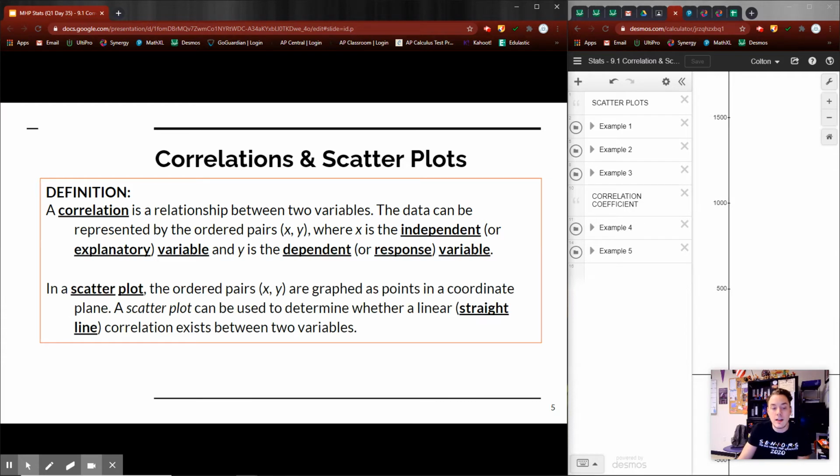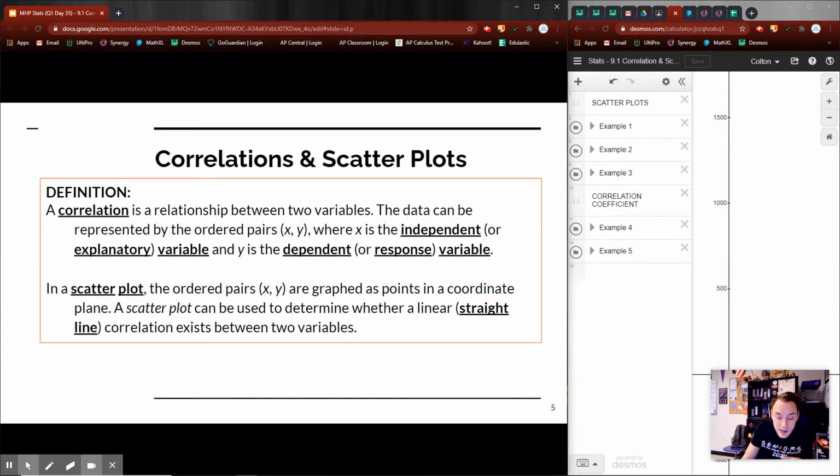Next, scatter plot. In a scatter plot, the ordered pairs x and y are graphed as points in a coordinate plane. Of course. Okay, I'm going to show you that just a little bit today, not a lot. Primarily, I'm going to show you tomorrow, okay, with what we call regression lines. But today, I'm just going to primarily show you what they are, like what is a scatter plot and how are they correlated.